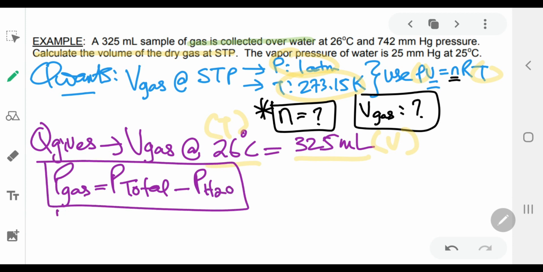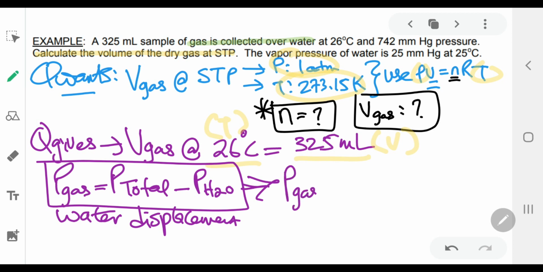So this is water displacement. Okay, so what is the value then? So the partial pressure of the gas is equal to P total. So the P total given to us is this.